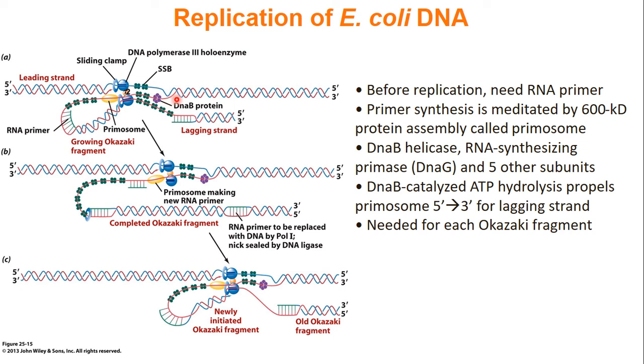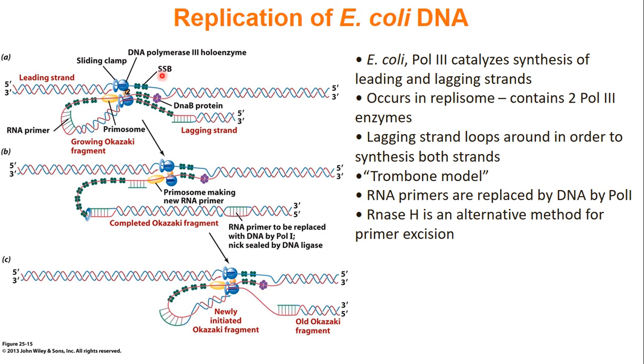It's kind of pushing the primosome forward because remember, on the lagging strand, we need to keep putting new primers. We have to do this discontinuous replication, so we need a lot of primers. On the leading strand, we only need 1 primer and we're good, but on the lagging strand, we need to keep adding primers, so DnaB is helping to move this primosome along so we can add new primers.